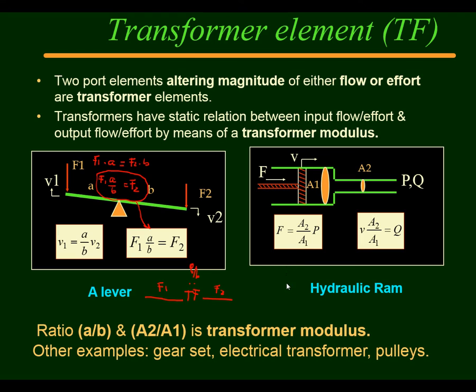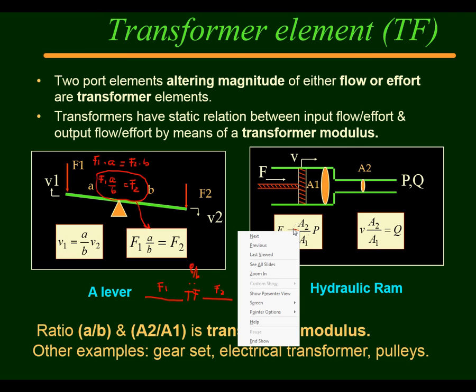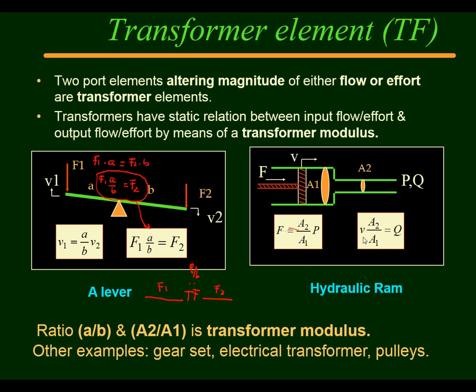Okay, the opposite is true on this one. Here the force is going to be A2 over A1 times P. So again, this would be TF, where the modulus would be A2 over A1, and then F and P on this side.